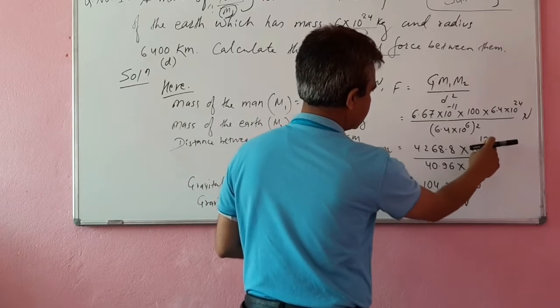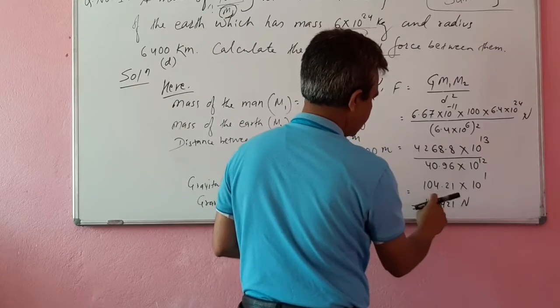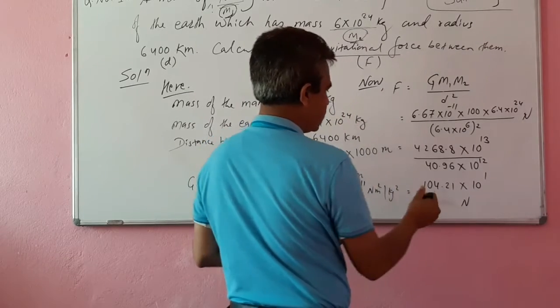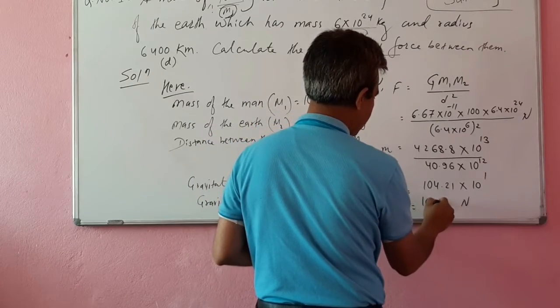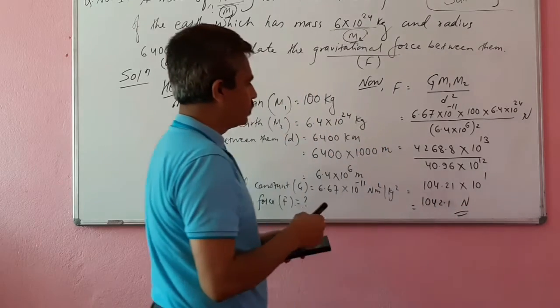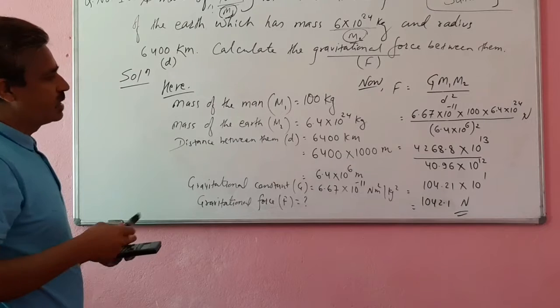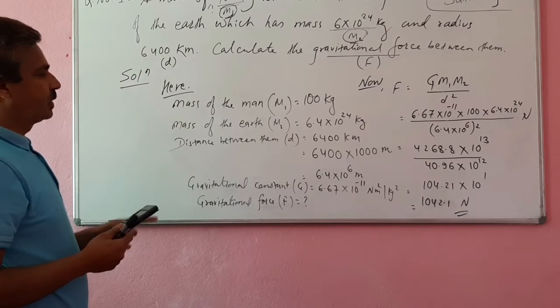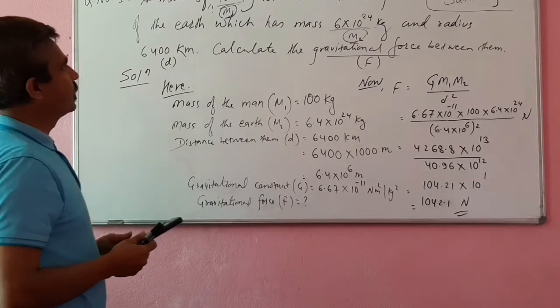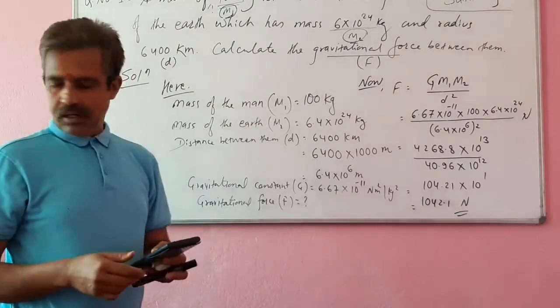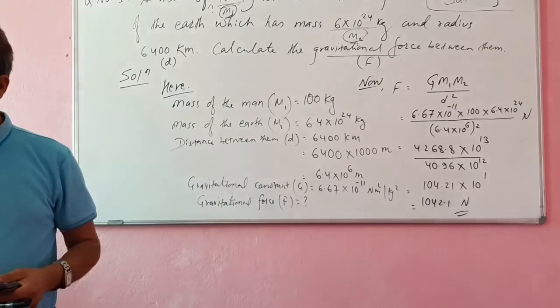No, not minus 1. 13 minus 12 is 1. I made a mistake here. So it should be 1042.1 Newton. So the gravitational force between them is 1042.1 Newton. Okay, this is the answer of the first question.